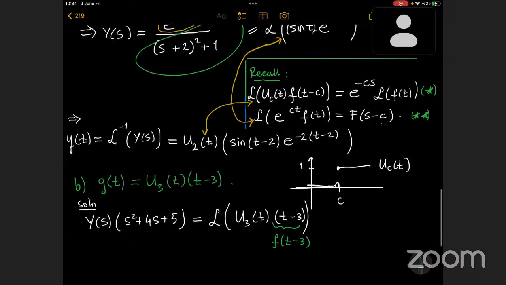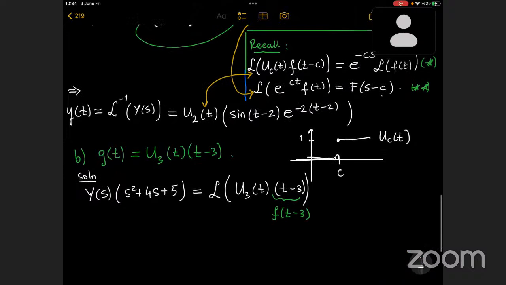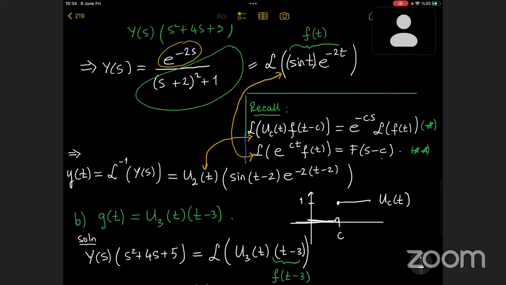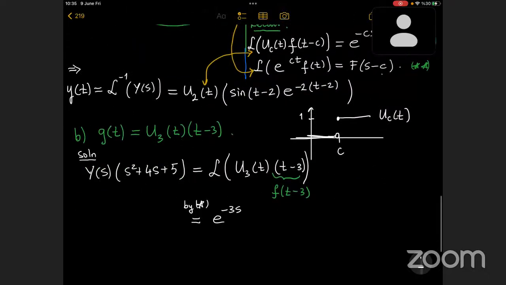So star is going to give us e to the minus 3s, c is 3, times L of f of t. F of t is t, L of t is 1 over s square.